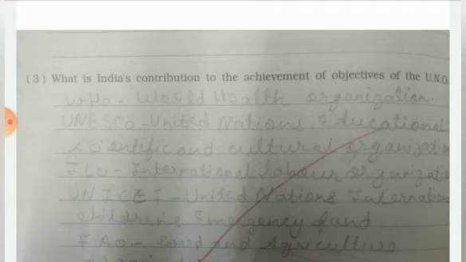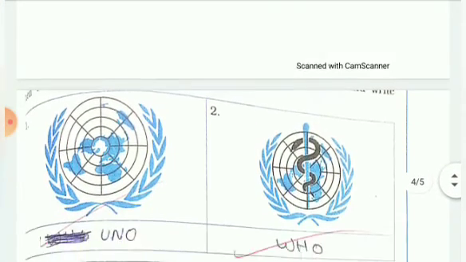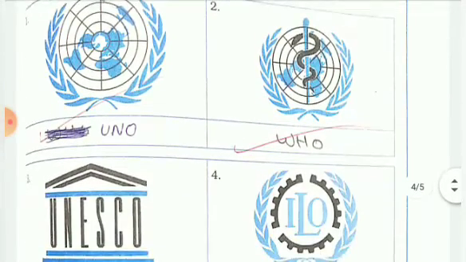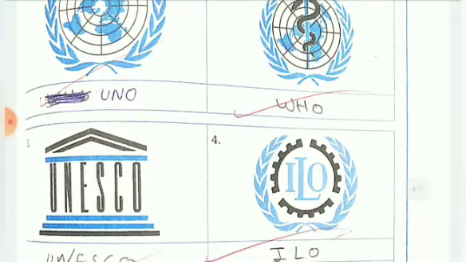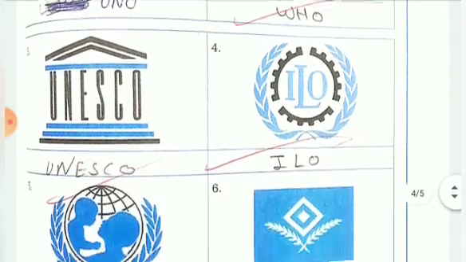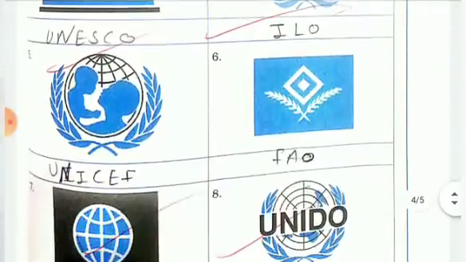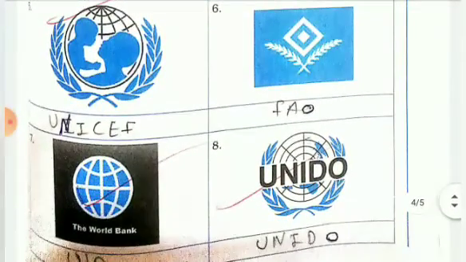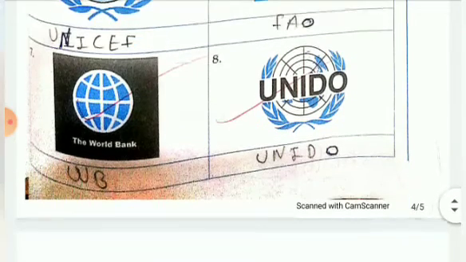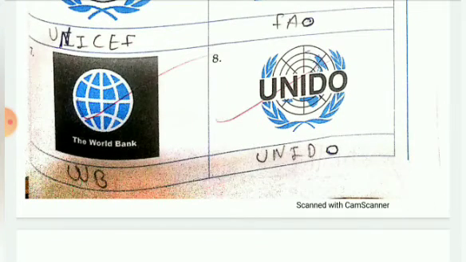Now the next point. So these points are there and how it helped. Now we can see some logos. See the short forms on the page: UNO, WHO, UNESCO, ILO, UNICEF, FAO, the Food and Agriculture Organization, WB, the World Bank Organization, and UNIDO.